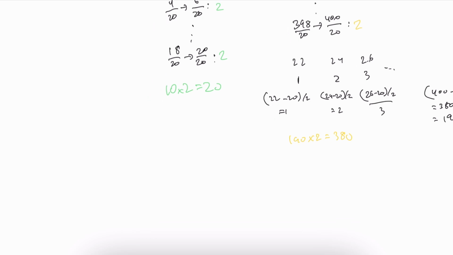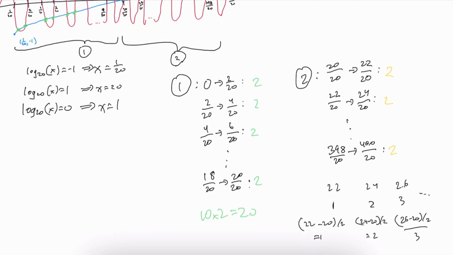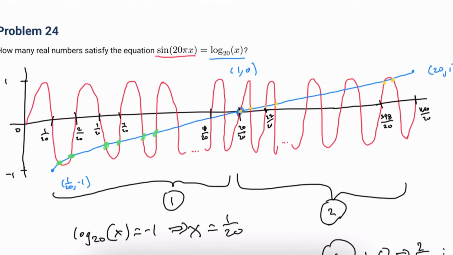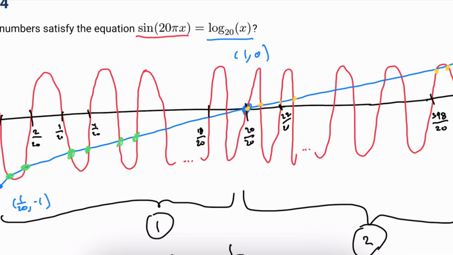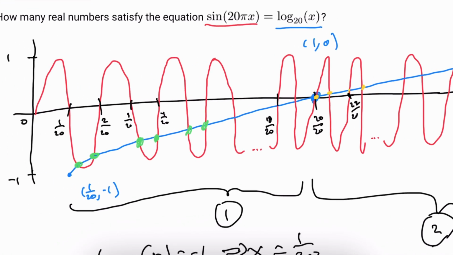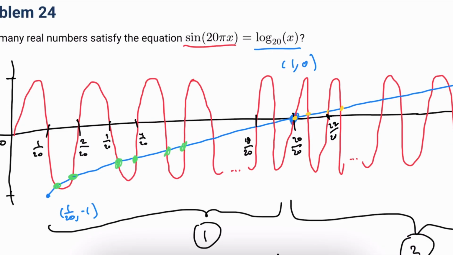So it seems like there are 20 plus 380, which is equal to 400 intersection points. But we have to be careful because when we counted the number of intersection points in this first region, notice in this final period that we looked at, the two intersection points are here and at 1.